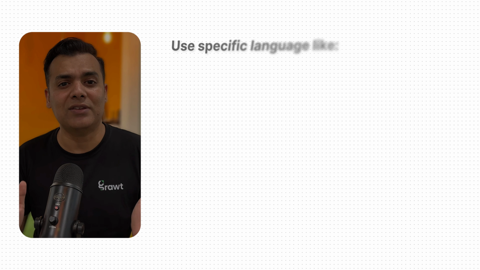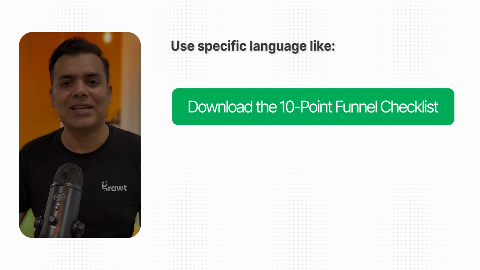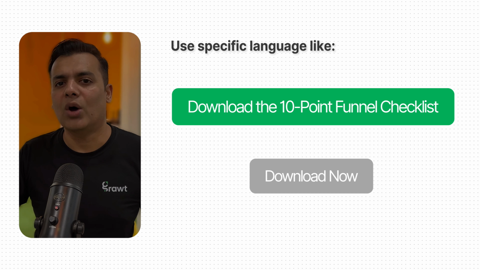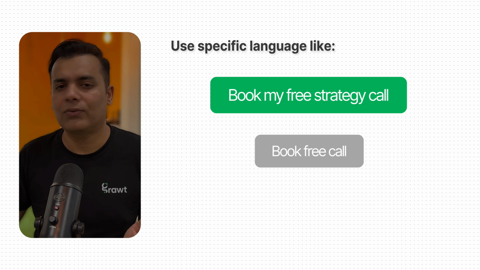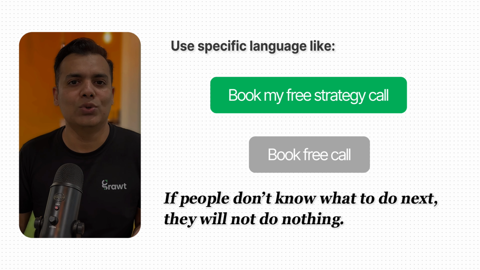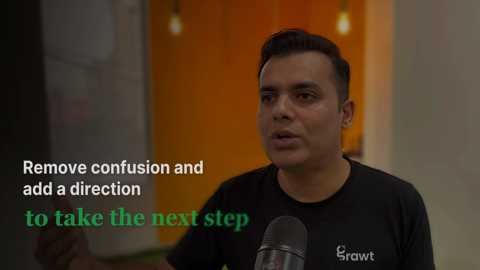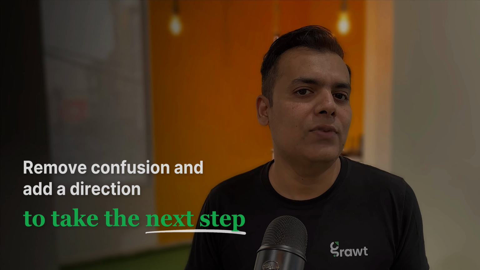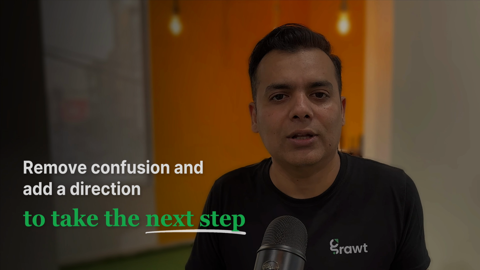And use specific language like download the 10-point funnel checklist instead of just saying download now, or like book my free strategy call instead of book free call. If people don't know what to do next, they will do nothing. The goal here is pretty simple: remove confusion and add a direction to take the next step. Because if they don't take any action, then what's the whole point of building your funnel?